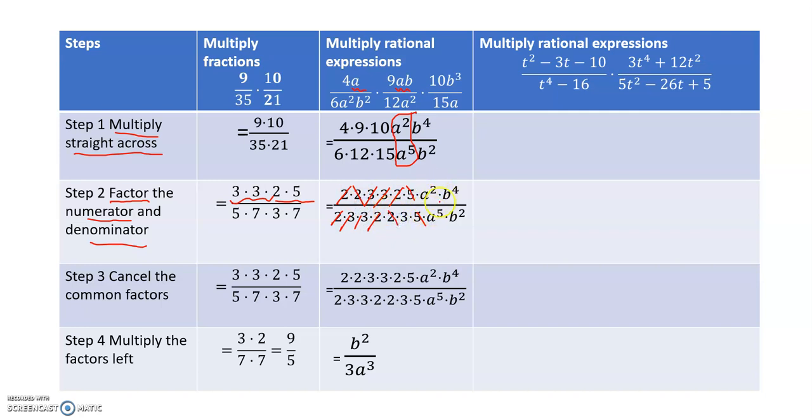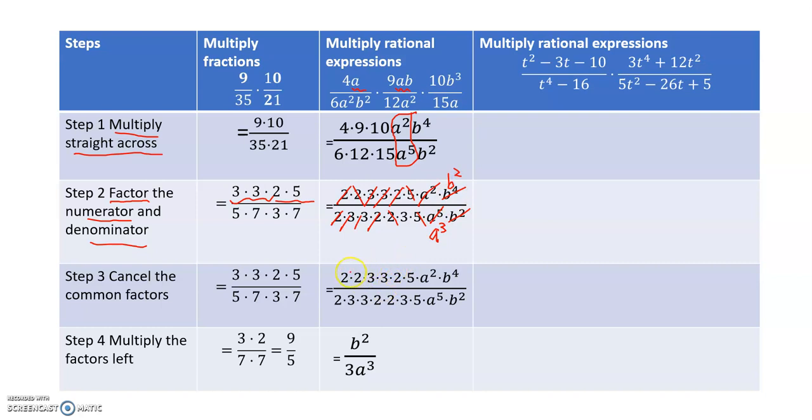And for variables, we see a squared and a fifth. A fifth has 2 copies of a, so we can cross out 2 copies of a from a fifth to leave us a cubed. And the same with the b squared and b fourth, we can cross this out to get a b squared there.